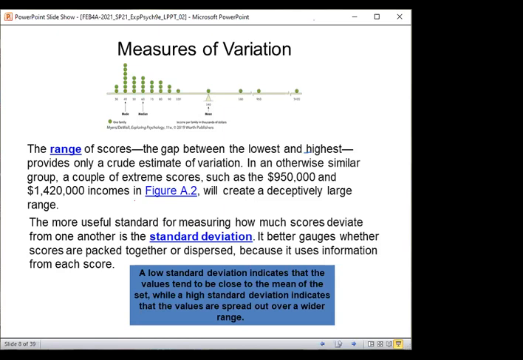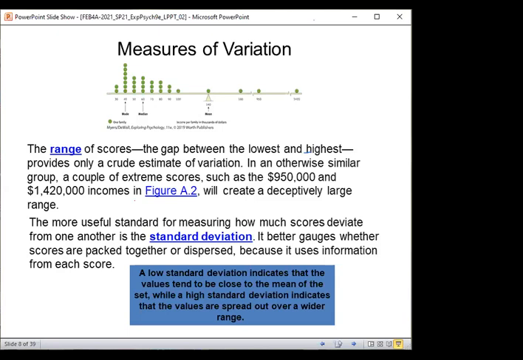So if, let's say, we had extra credit on the exam and the score for a particular student was 122 and someone got, like, a negative 10 on this wild exam, that would mean you have an incredibly wide range, and it could be very deceptive as to what's going on. So ranges give us only a crude estimate of variation.